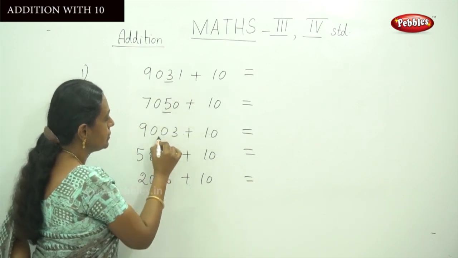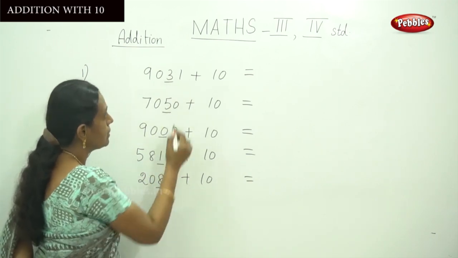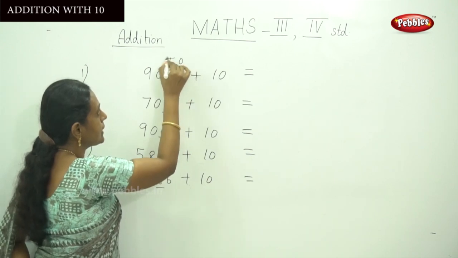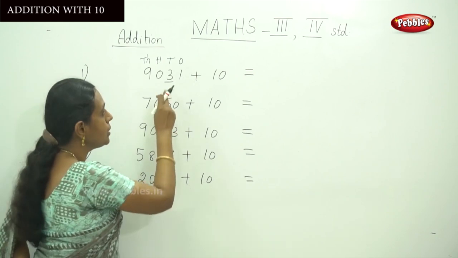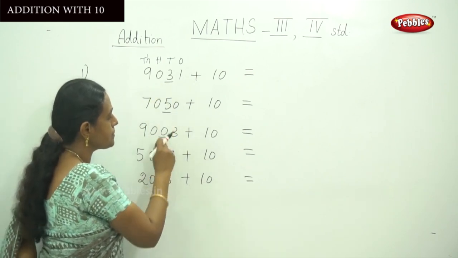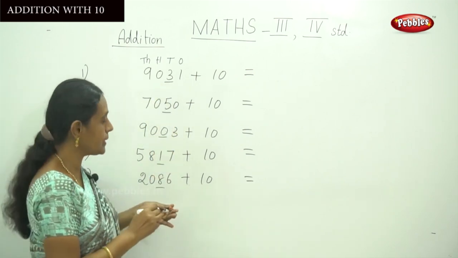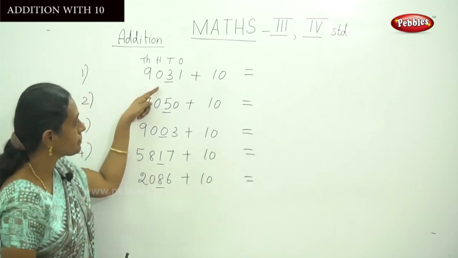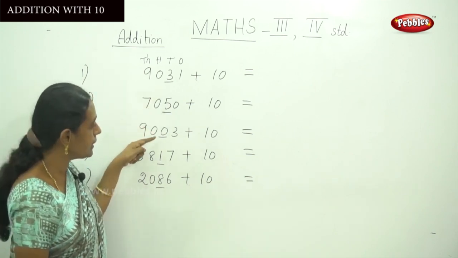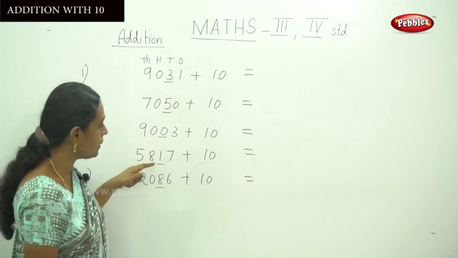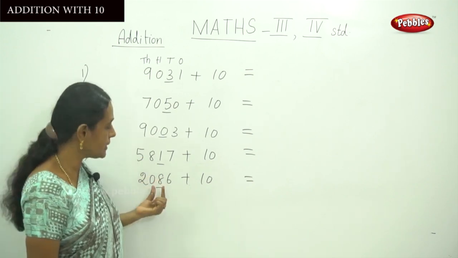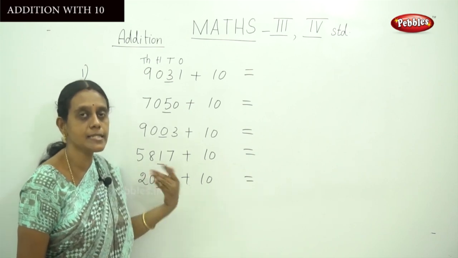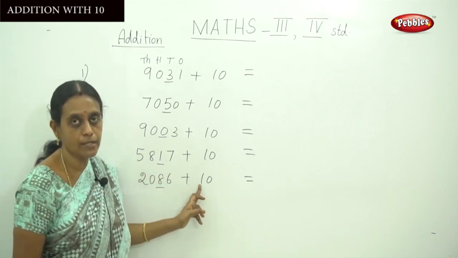You can understand this because of ones, tens, hundreds and thousands. So focus on your tens place number. Here the tens place number is 3, and here 5, and here 0, and here 1, and here 8. So change the tens place number to the next 10 for adding with 10.